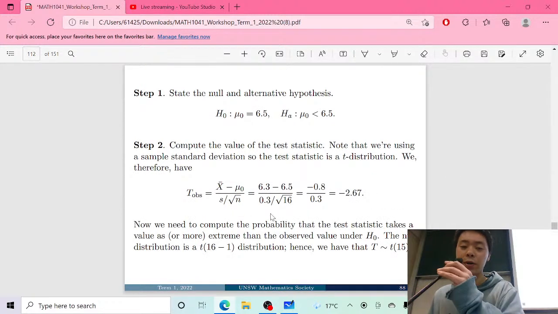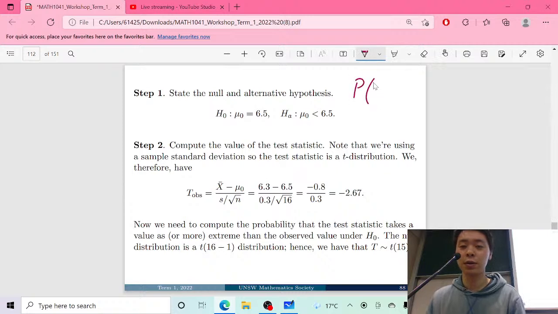So the last step we want to do is compute the probability. So we want to compute the probability that you observe a value that's more extreme than the value that we examined here. So your p-value is going to basically determine the probability that any observed value is less than minus 2.67.